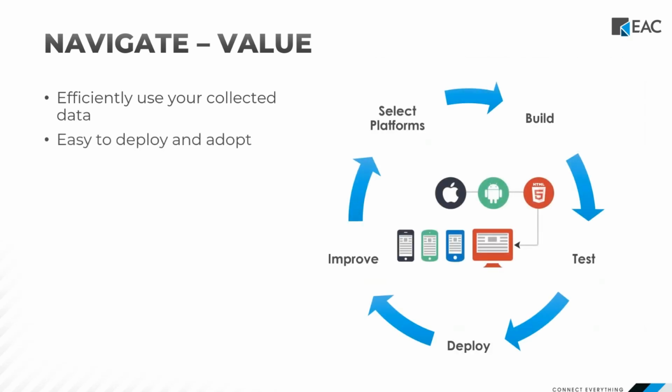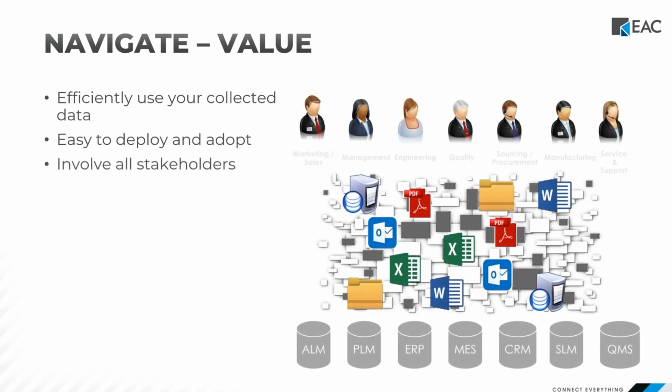Two, it's super easy to deploy and adopt, and values are recognized almost immediately. Three, product development should include all stakeholders earlier and more often, and Navigate supports this. And then really last but not least, you have more eyes on clean data earlier in the process, which helps to reduce errors and therefore overall cost.